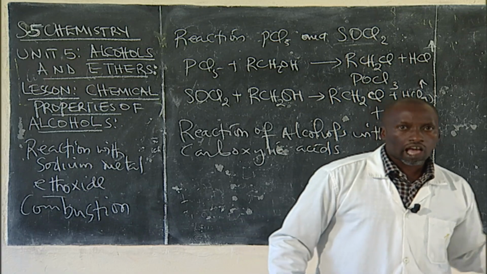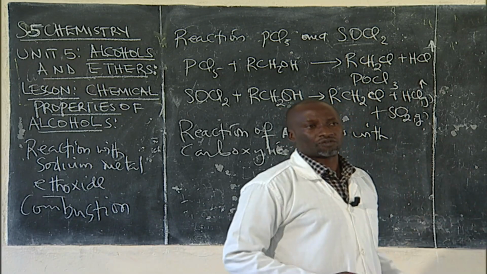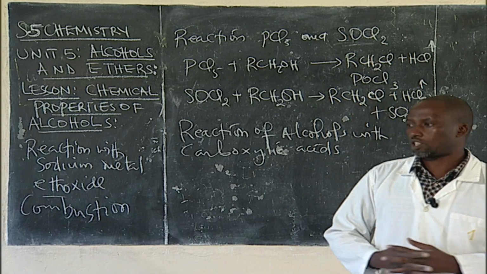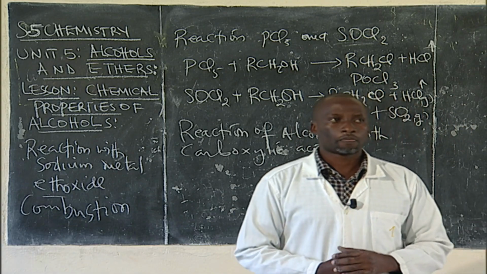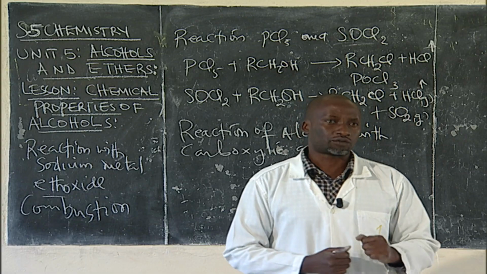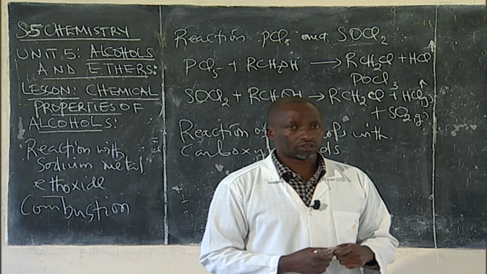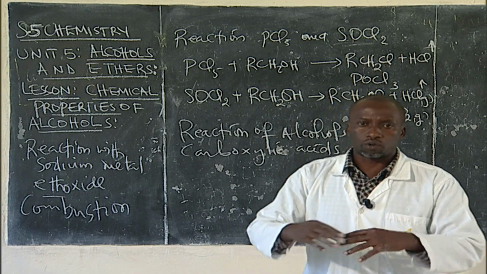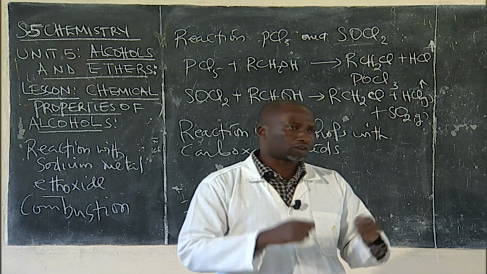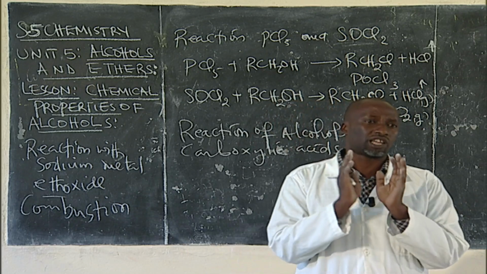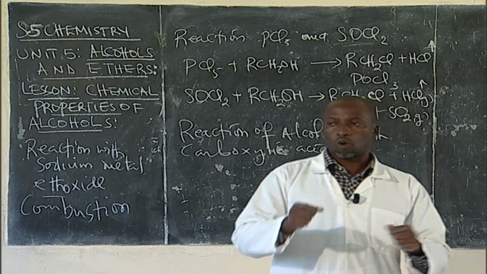When you enter a house and there are some yellow bananas, you immediately feel that there must be some yellow bananas, sweet-smelling compounds. Those are the esters found in those yellow bananas. In the pineapples, in the apples, you can easily feel the scent of certain compounds. Those are the esters being produced, sweet-smelling compounds.